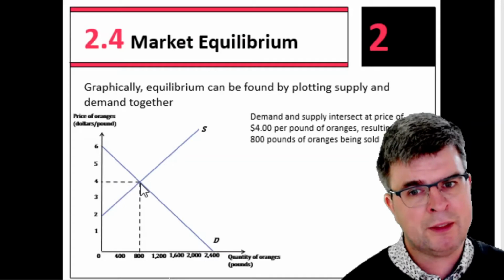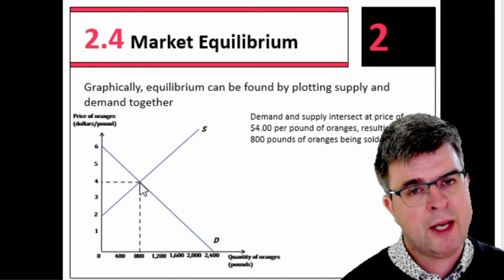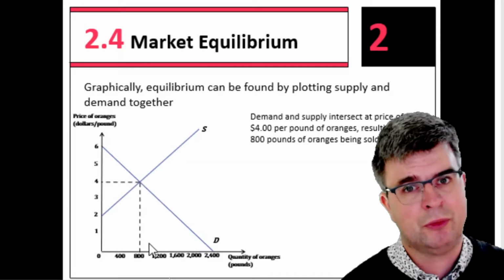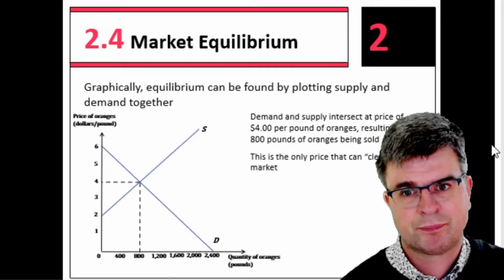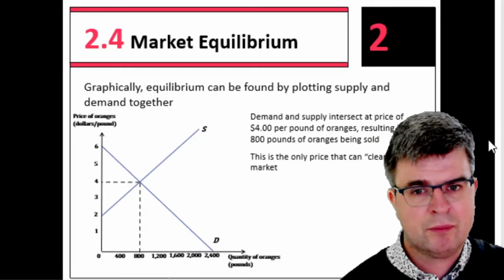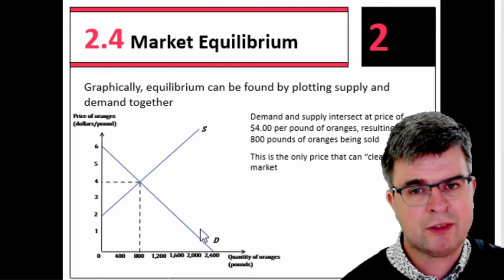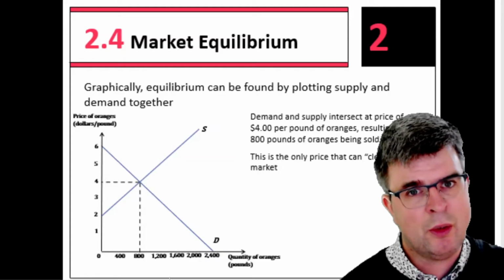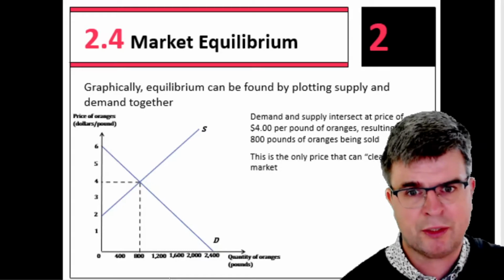And at that price, both the quantity supplied and the quantity demanded is equal to 800. And given that we have this very nice linear demand and supply curve, this is the only price for which it holds, the only price that clears the market.